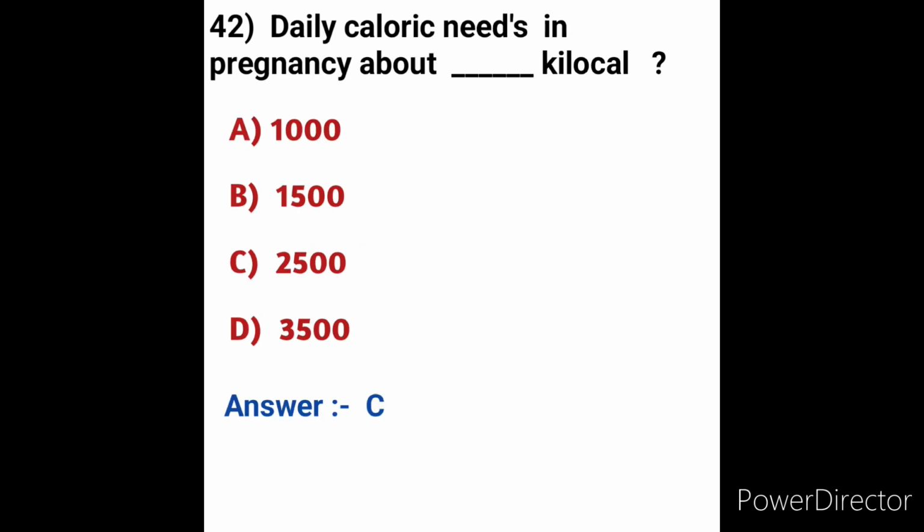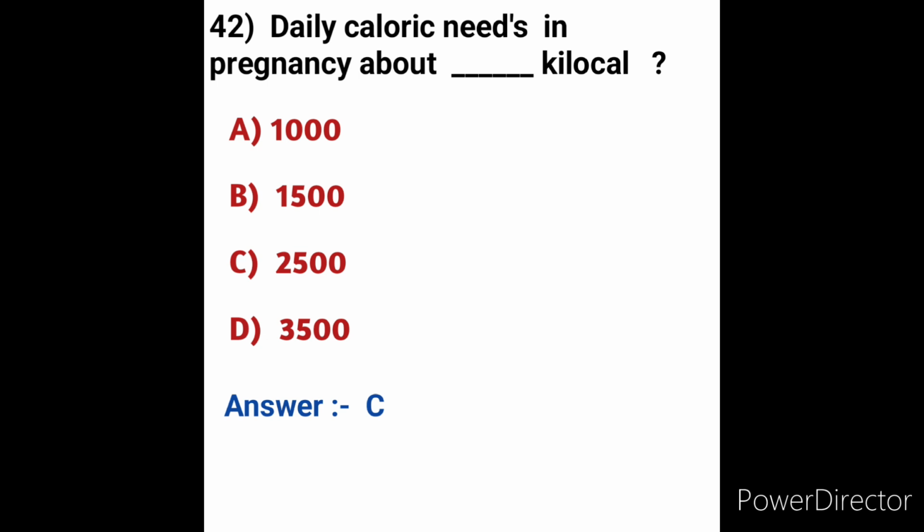Daily caloric needs in pregnancy are about how many kilocalories? Options: option A 1000, option B 1500, option C 2500, option D 3500. Actually, the daily caloric recommendation is different according to the trimester.